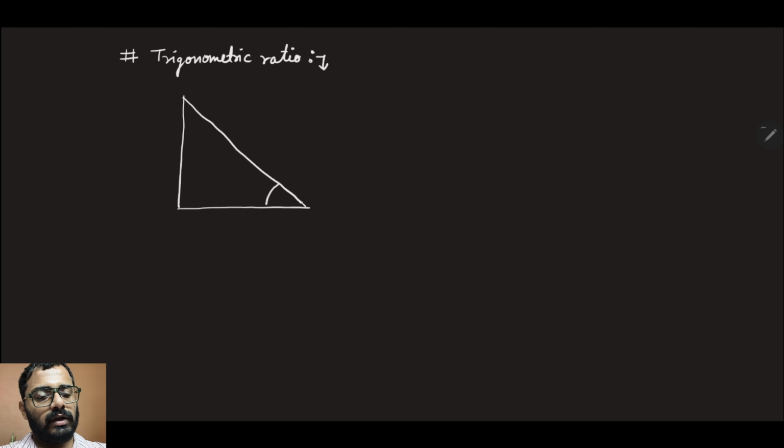So consider this angle we are assuming as theta here. Okay, if this angle is theta, this is a right angle triangle, so this angle will be 90 only, and the sum of all the angles in a triangle is 180 degrees. So consider this is alpha. Okay, so sum of all angles means 90 plus alpha plus theta is equal to 180, right?